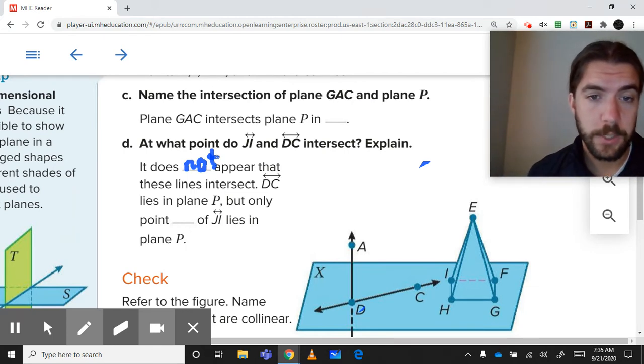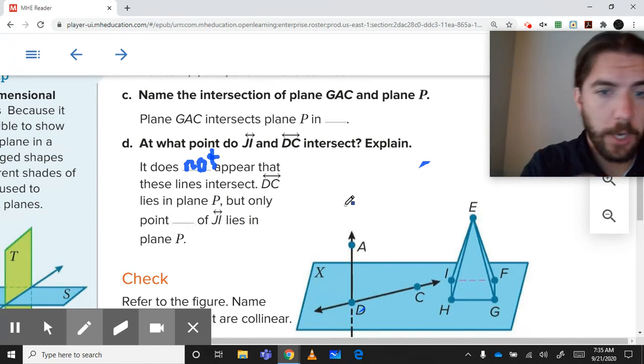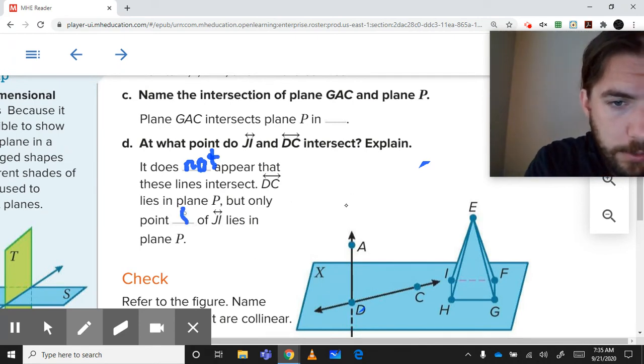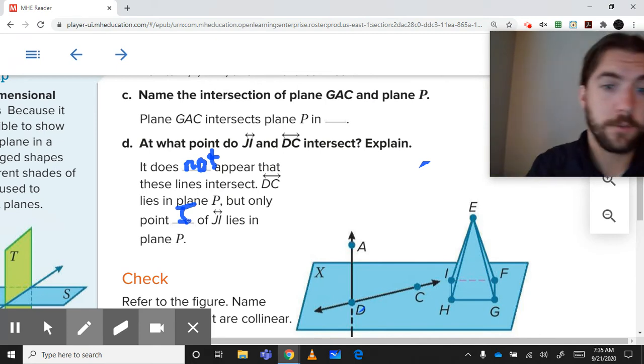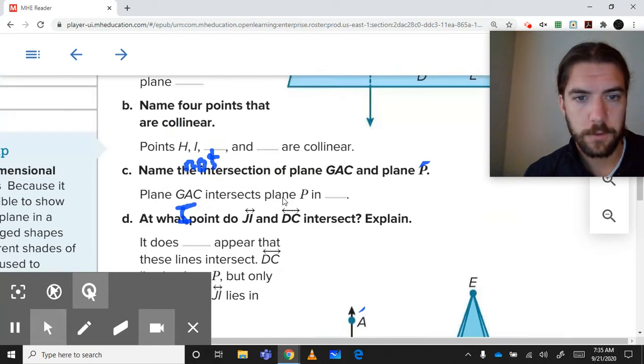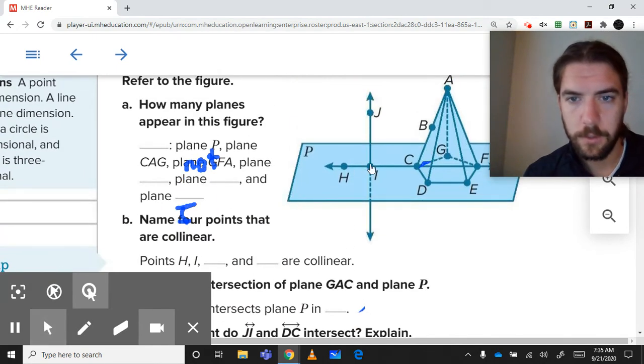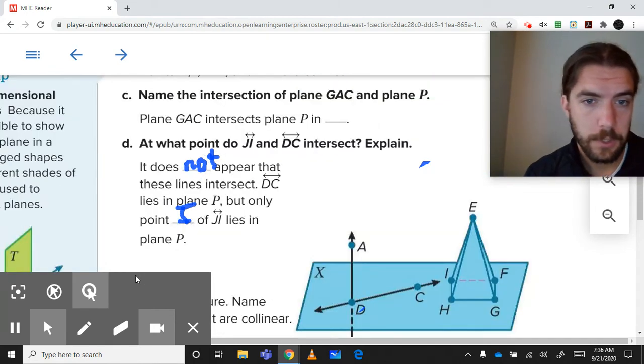DC lies in plane P, but only point, I think it was I, the bottom one, point I of JI lies in plane P. Okay, so since only one point was there, you're not going to get that intersection. Actually, I would say because they're not overlapping in any way, you're not going to get that intersection.